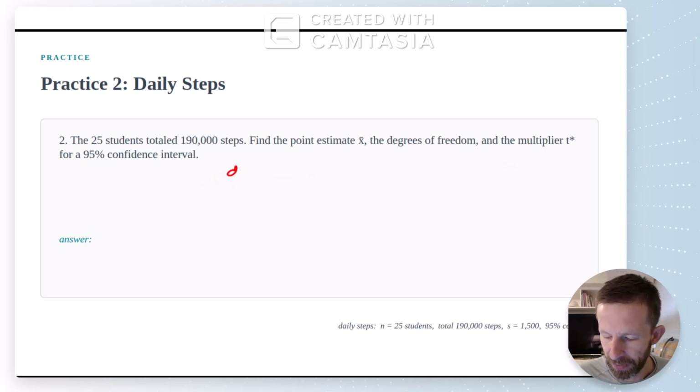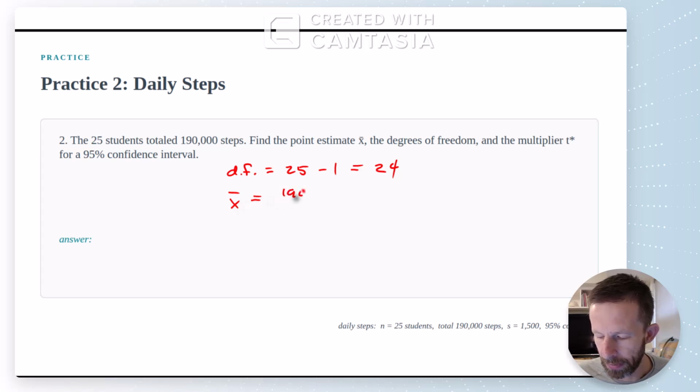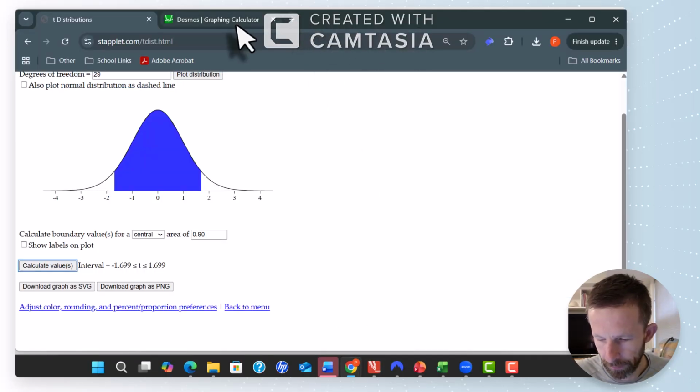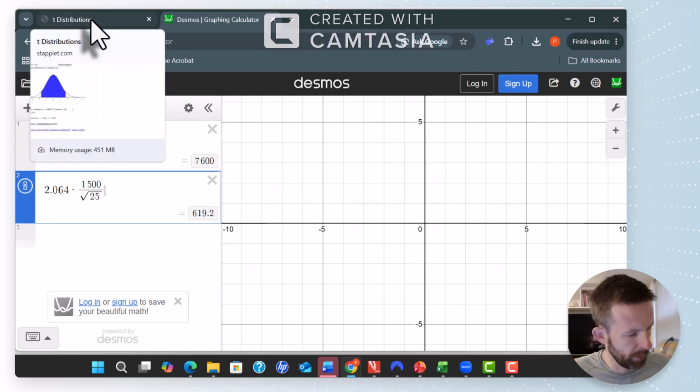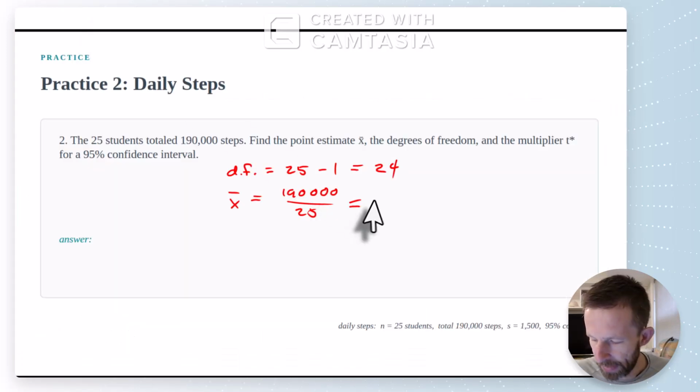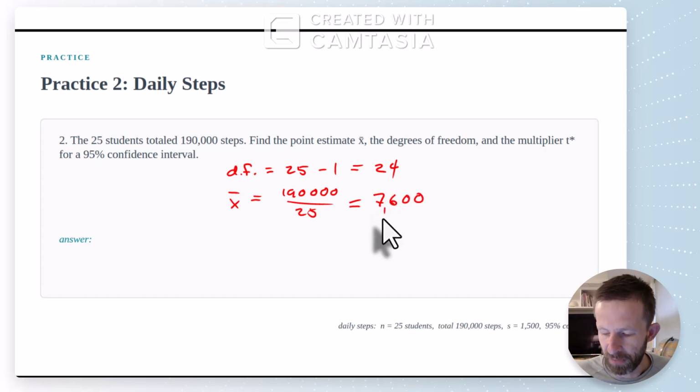All right, so degrees of freedom is 25 minus 1, which is 24. My x bar would be 190,000 steps divided by 25 students, which would be 7,600. They have an average of 7,600. The multiplier for a 95% confidence interval.